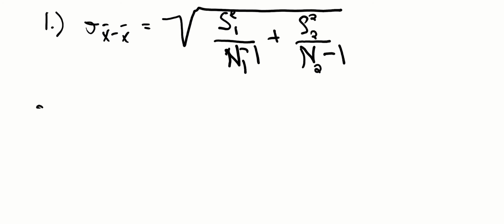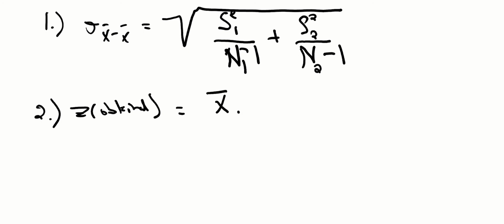The second step, once we find the pooled standard error, is z-obtained. The z-obtained formula for two samples is the mean of sample 1 minus the mean of sample 2, divided by the pooled standard error which we found in the first step.